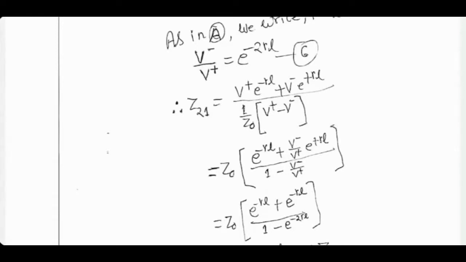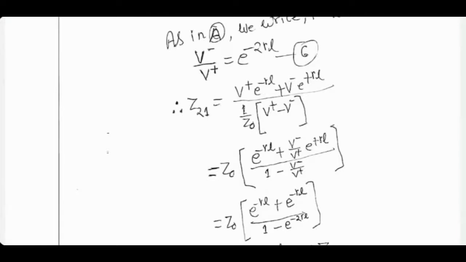You get e to the power minus gamma L plus V minus divided by V plus e to the power plus gamma L divided by 1 minus V minus upon V plus. And of course, the entire thing has to be multiplied by Z naught. So V minus upon V plus is e to the power minus 2 gamma L. Let's put it here. We get e to the power minus gamma L second time also in the numerator.